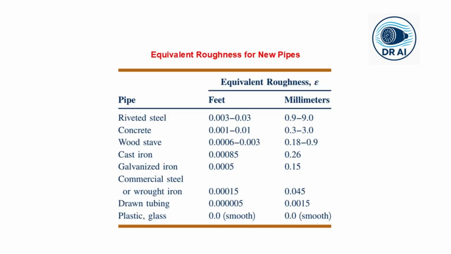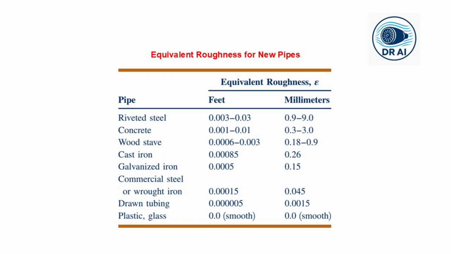Now, where do we get the roughness epsilon? The table, as shown here, gives equivalent roughness values for common engineering materials. Notice the units are in feet and millimeters. Riveted steel can be very rough. Concrete varies. Drawn tubing, like copper tubing, is nearly smooth, and plastic and glass are considered hydraulically smooth, with an epsilon value of 0.